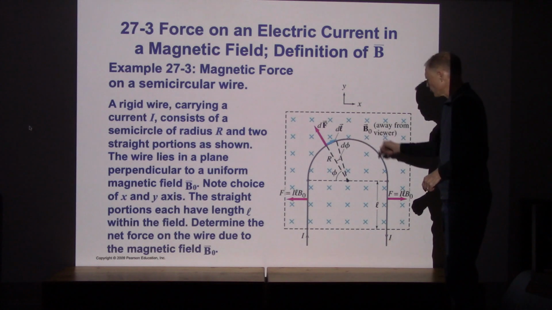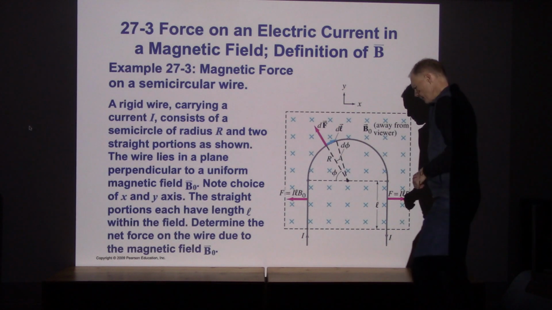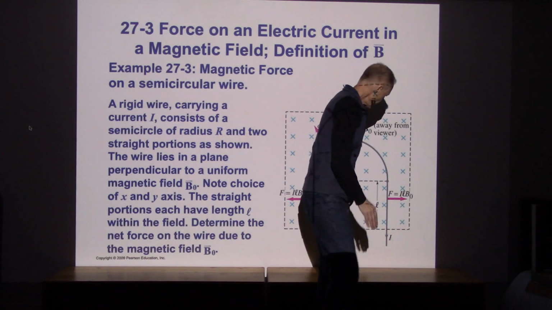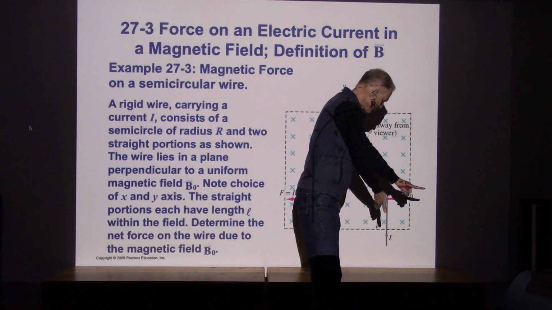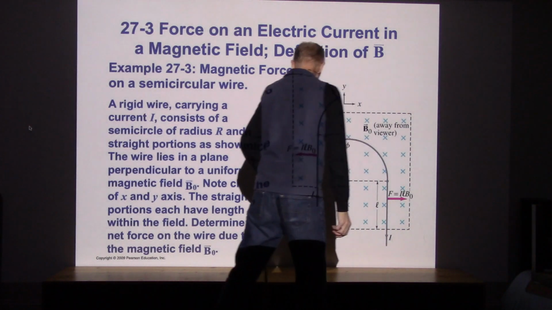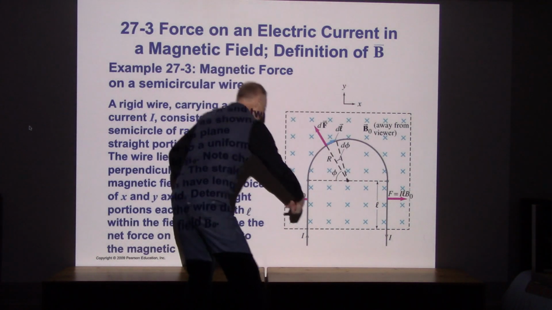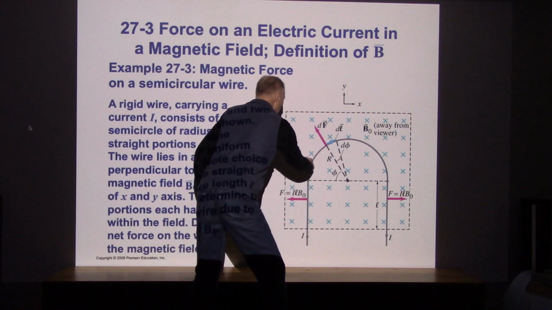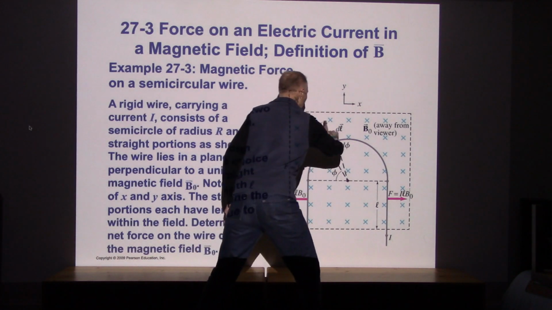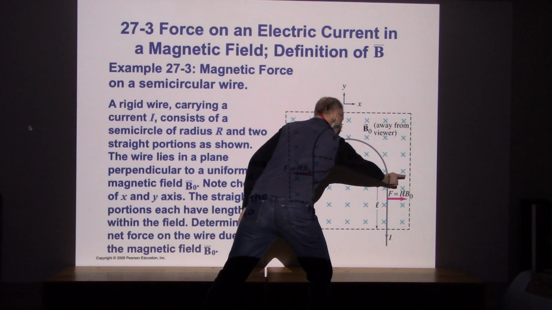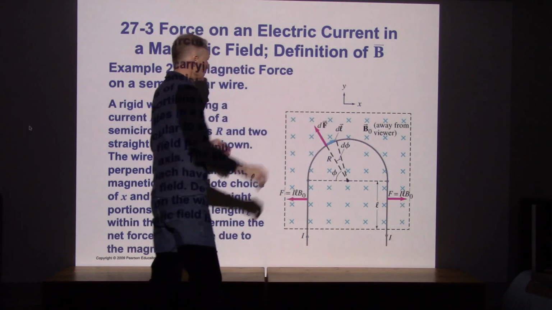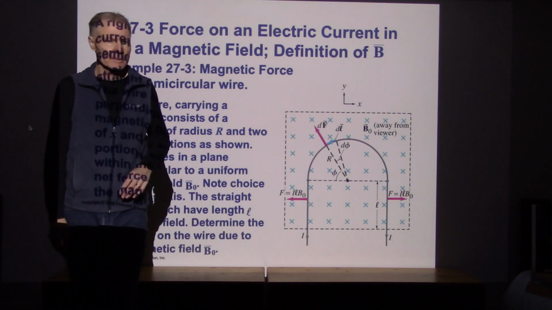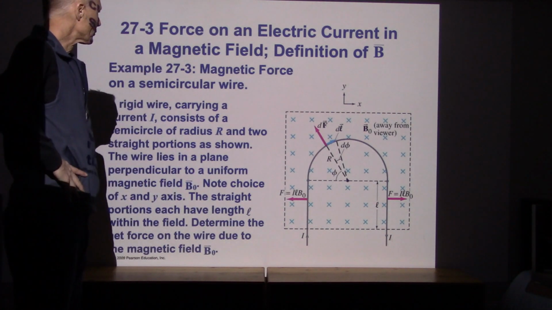I'm going to skip the circular part, that looks hard. I'm going to come over to the other side, where I've got current going downwards, magnetic field into the page, and the force will be here. So I'm going to get forces all the way along this, and they're always going to be pointing in that sort of outer direction. That's what the right-hand rule is telling me at each location.